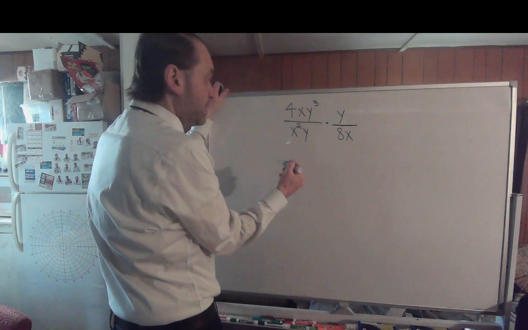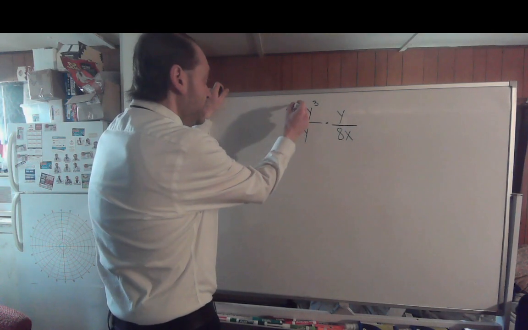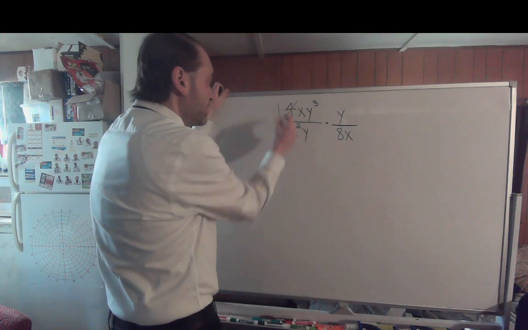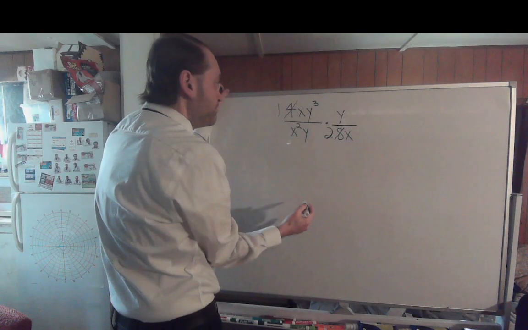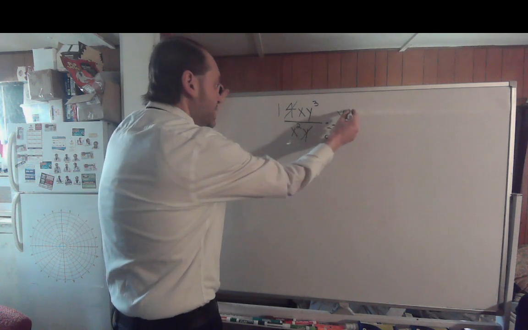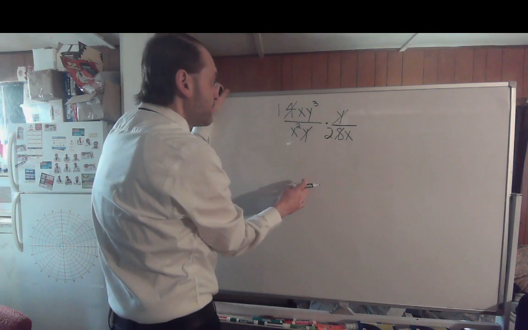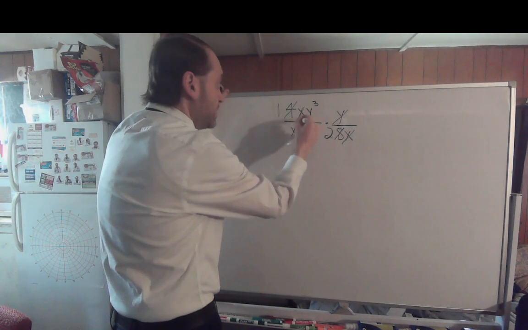You have 4 and 8. So 4 divides evenly into 8, so the 4 will be gone. That'll turn into 1. The 8 will turn into 2. Then between numerator and denominator, the y's will cancel out. And then also between numerator and denominator, x's will cancel out.